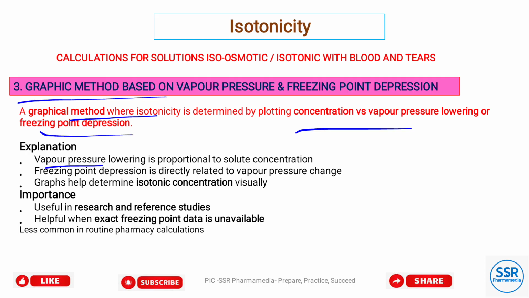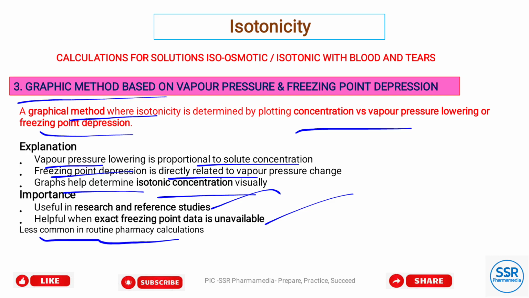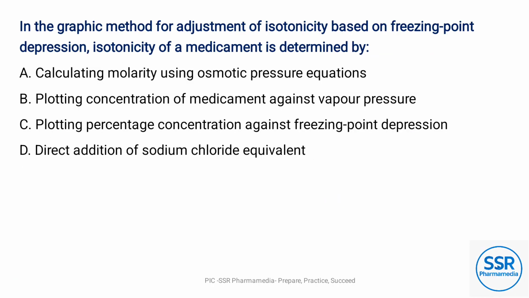Vapor pressure lowering is proportional to solute concentration, freezing point depression is directly related to vapor pressure change, and graphs help determine the isotonic concentration visually. It is very important and useful in research and reference studies and helpful when exact freezing point data is unavailable, so it is less common in routine pharmacy calculations.